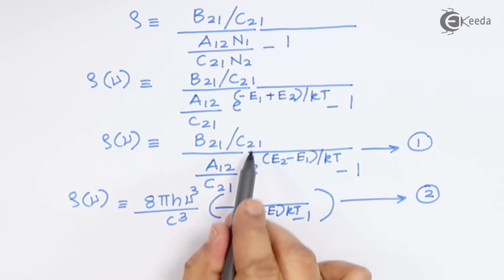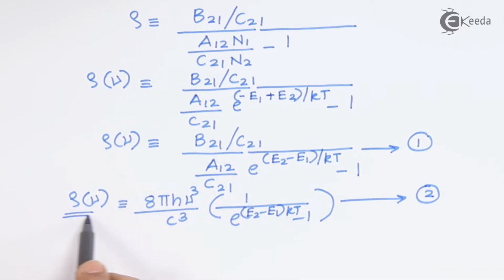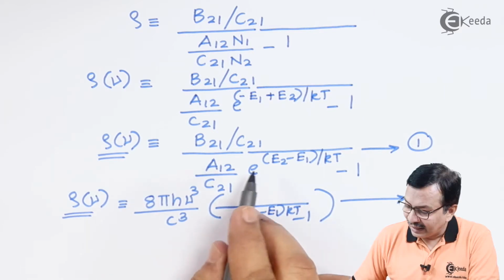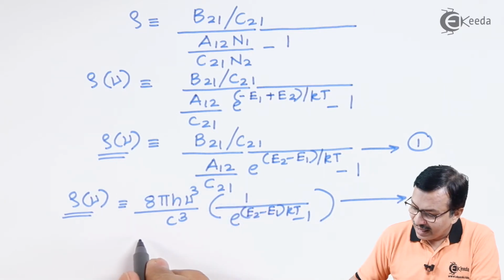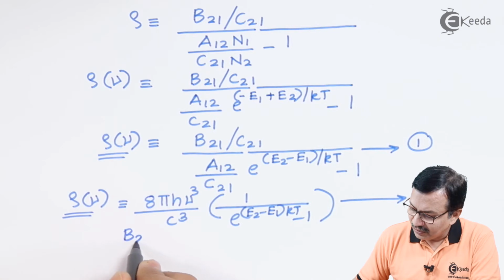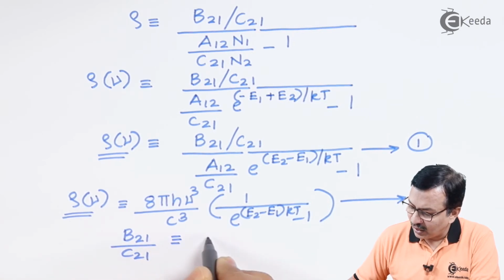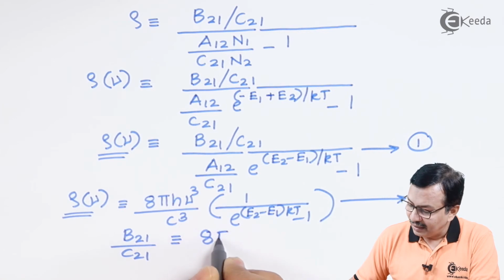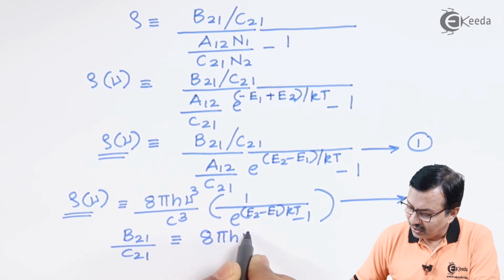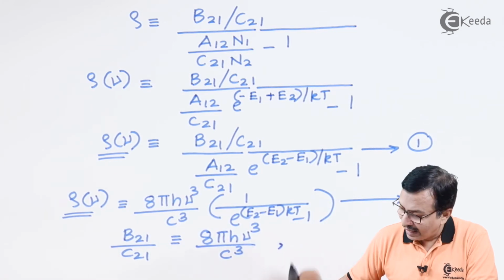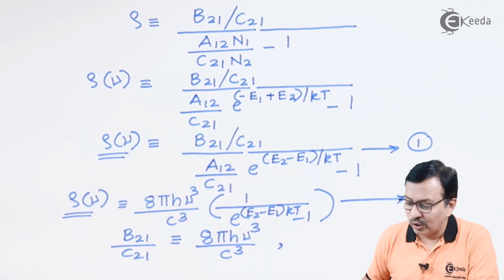When I compare these two expressions, since the left hand side is equal, I can very well compare them, and immediately I can understand that B21 upon C21 is equal to the factor 8 pi h nu cube upon c cube.